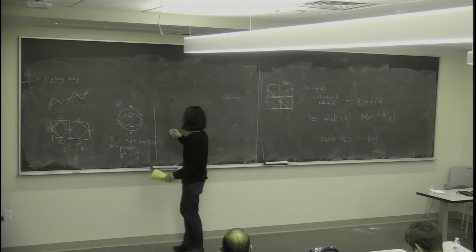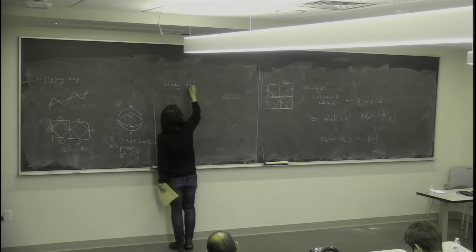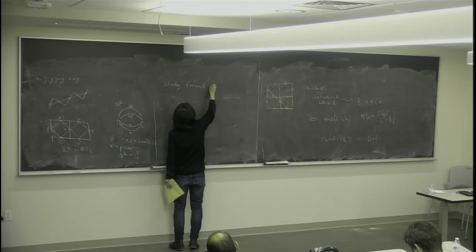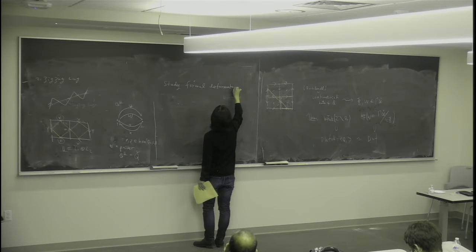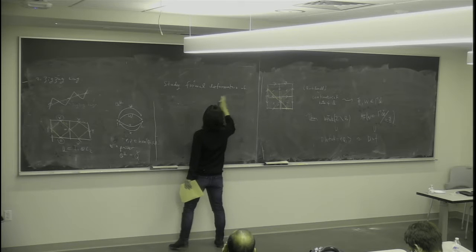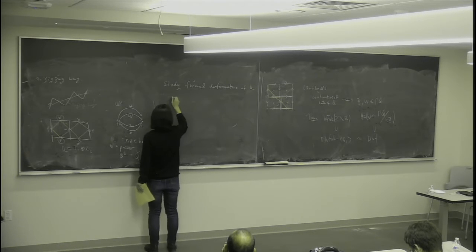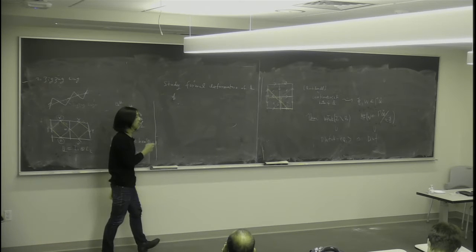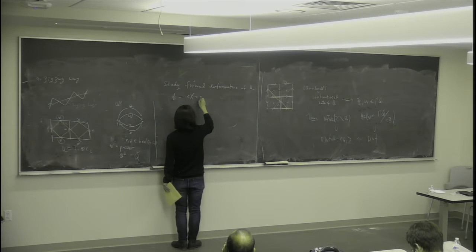So we study the formal deformation of bold L by deformation parameter b, which I define to be xX and yY, zZ, and wW.